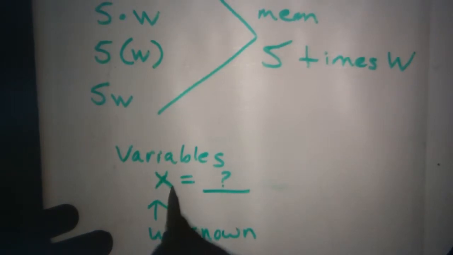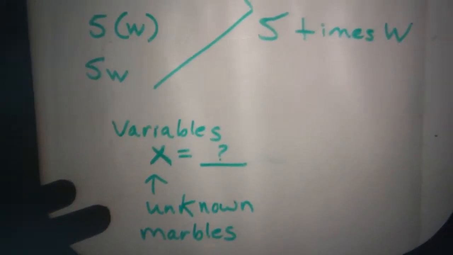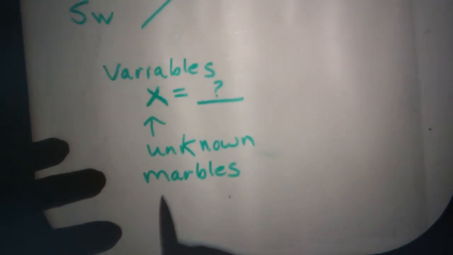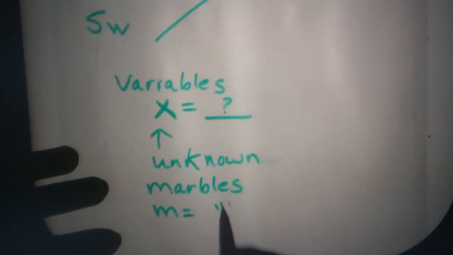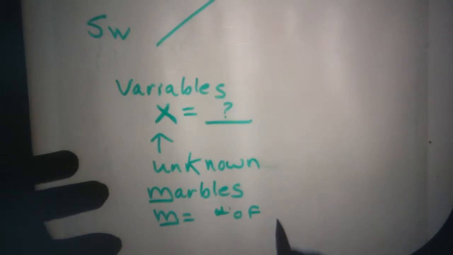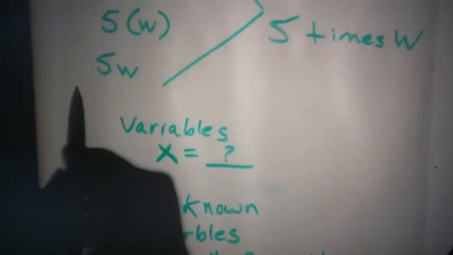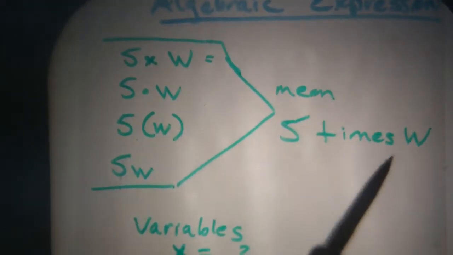And many times we use a letter that's pertaining to what we're speaking of. If I was talking about marbles, how many marbles, I might use the letter M for a number of marbles because M and marbles. So all of these expressions here simply mean 5 times w.